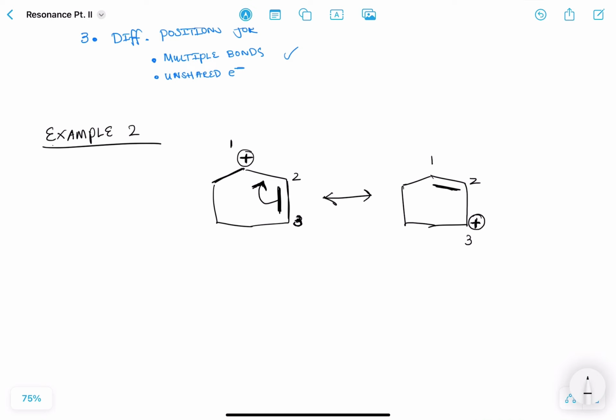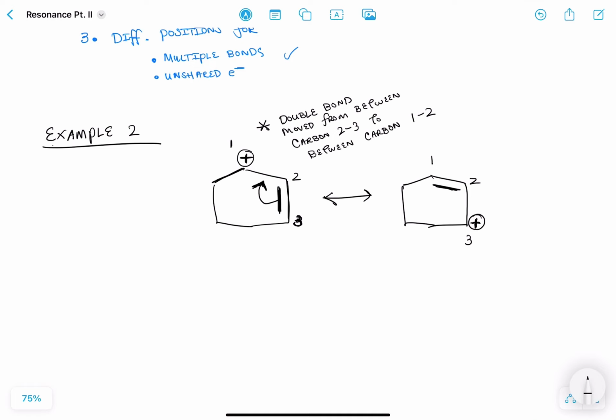And so what happened here is a double bond moved from between carbons 2 and 3 to between carbons 1 and 2.